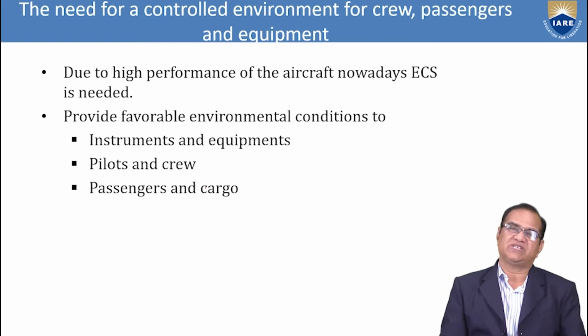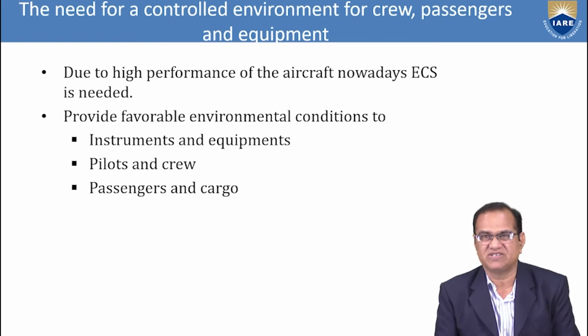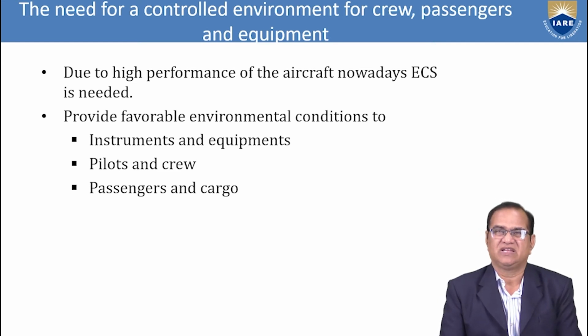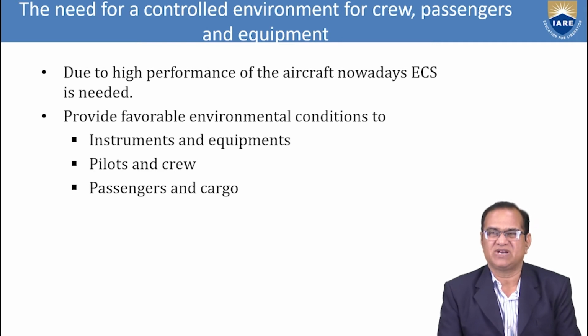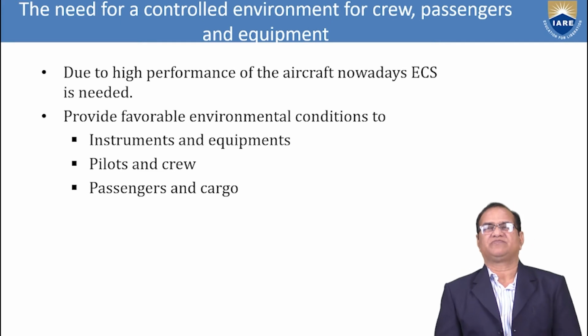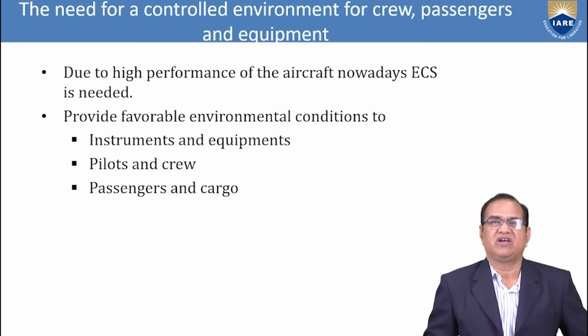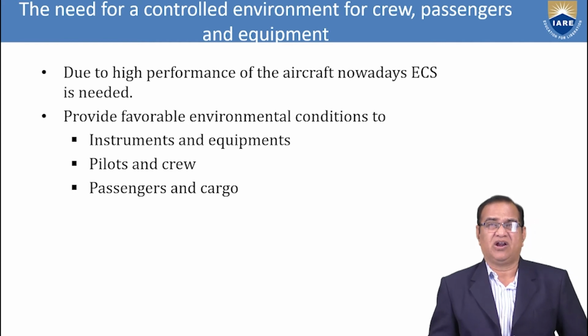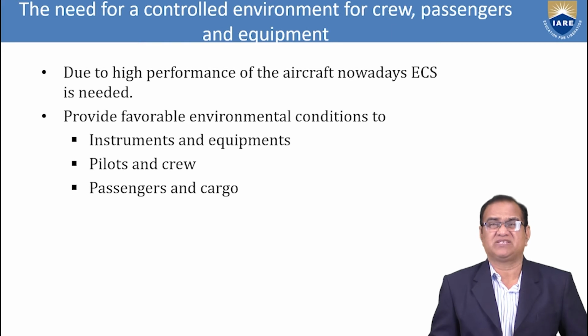The cargo, if it is perishable, like flowers, vegetables and all, should be maintained at a proper temperature so that your aircraft is able to maintain a proper condition. So in this way, instruments and equipment, pilots and crew, passengers and cargo have to be in a controlled environment, and this is obtained by some systems.